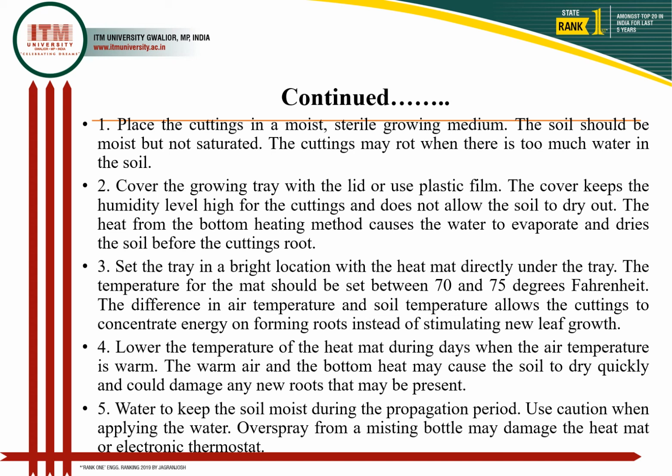Another thing is it should be provided in a bright location, with the heat mat directly under the tray. Temperature should be set between 70 to 75 degrees Fahrenheit. When there is a difference between air temperature and soil temperature, that allows the cutting to concentrate energy on forming roots instead of stimulating new leaf growth. So this is a very good approach.